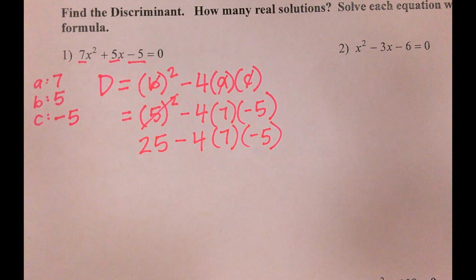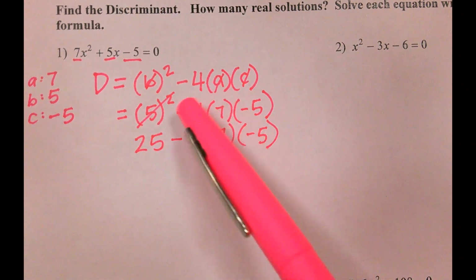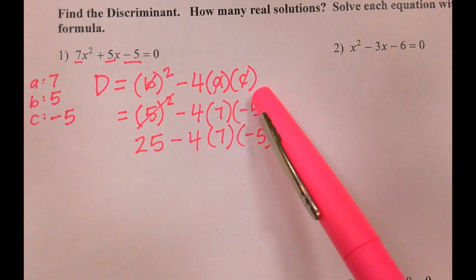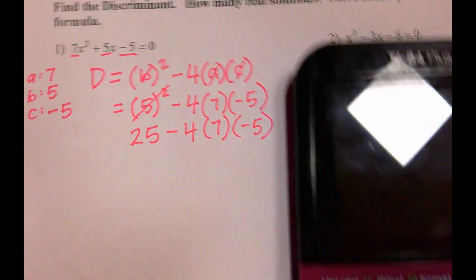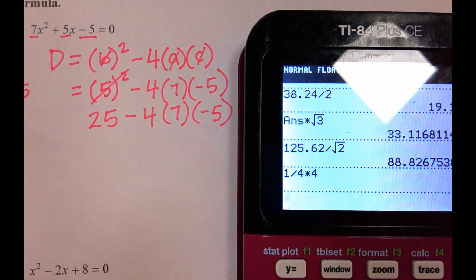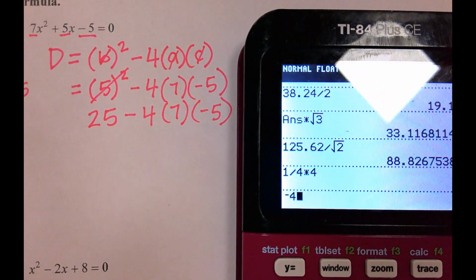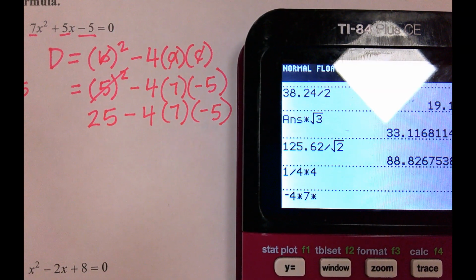Now what? All that. Now we want to multiply -4 times 7 times -5, which is 140.